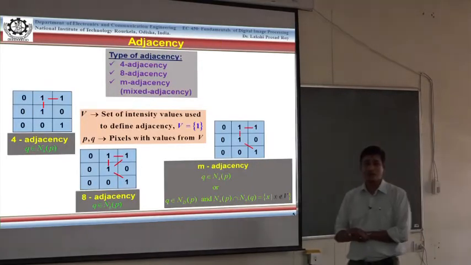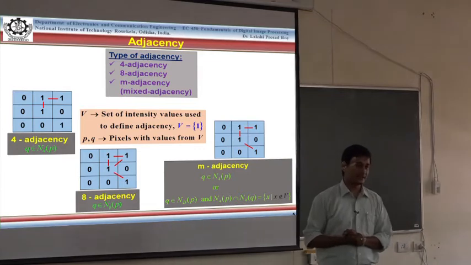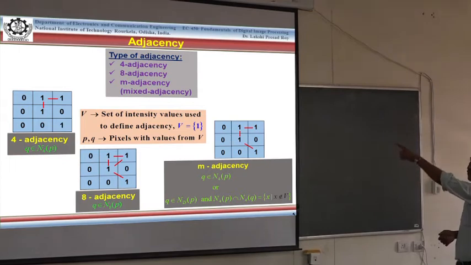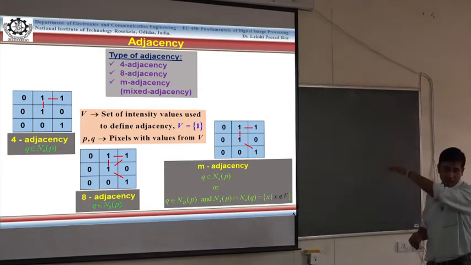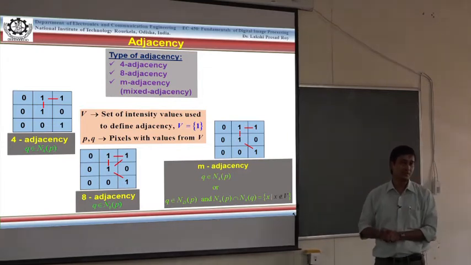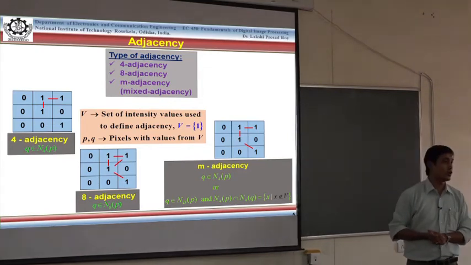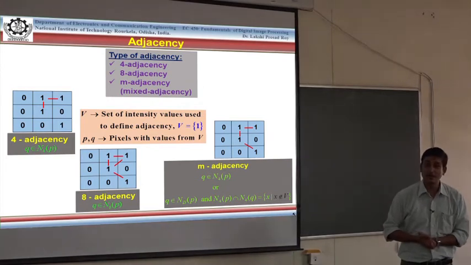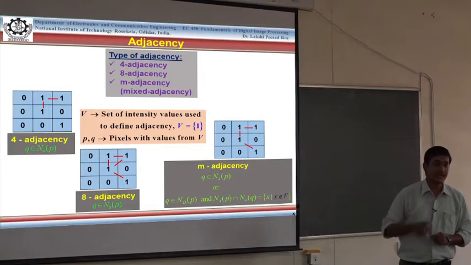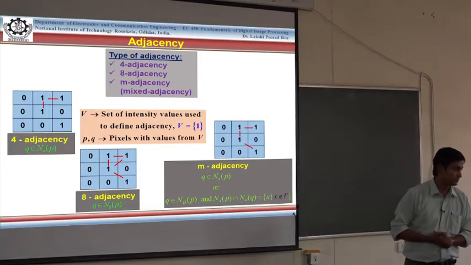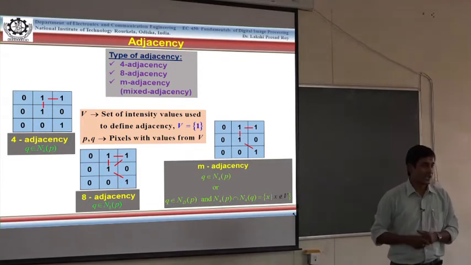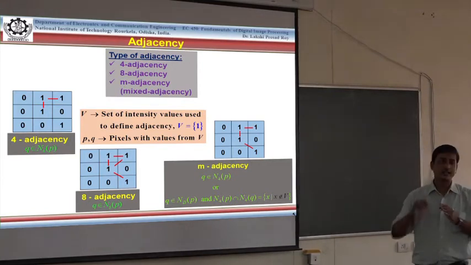Now the time has come where we can define adjacencies, using the ideas we have just taken, 4 and 8, and another term M, which I will discuss after this. These have come automatically because these are the neighbors for which I would like to find some relationship with my pixel P, located at x comma y. While searching, I can go in a vertical or horizontal path.